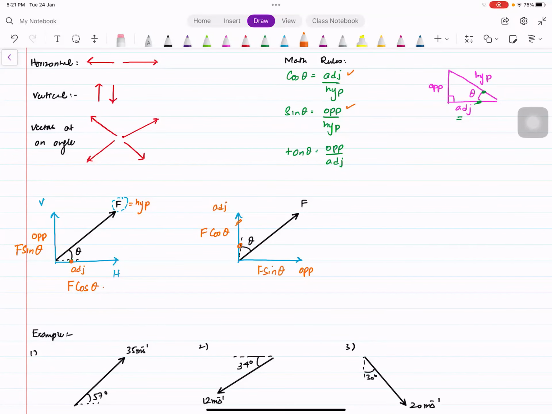So it's basically the angle that decides which is sine theta and which is cos theta. The one that is always next to the angle will be cos theta. So you should remember that. Any questions, please let me know.